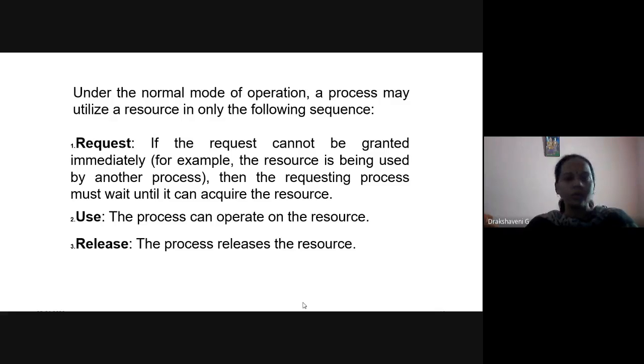So we have to wait. Suppose he ends his parents' call and uses your phone; that is use, the process operates on the resource. Release: both of you spoke, then end. The process releases the resource. That's the request, use, and release.